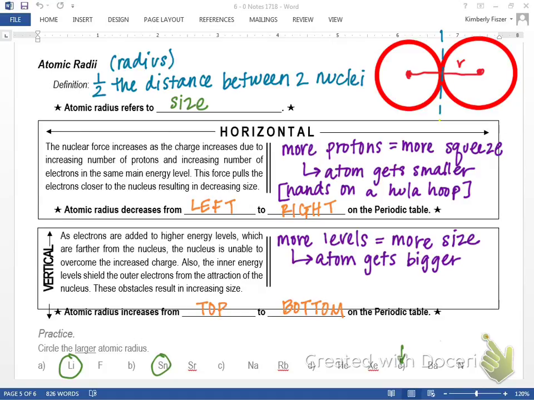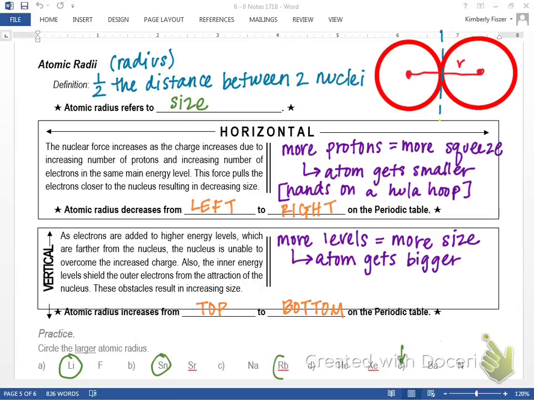How many rings does he have? 37 is protons. Look at the number to the left. 5 rings. How many does sodium have? 3. Okay, which is bigger, 3 or 5? 5 is bigger. 5 rings is more bigger.